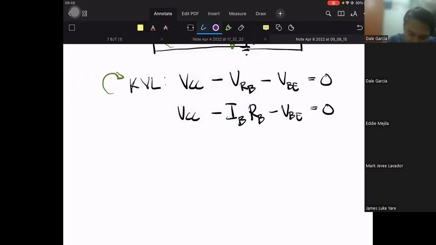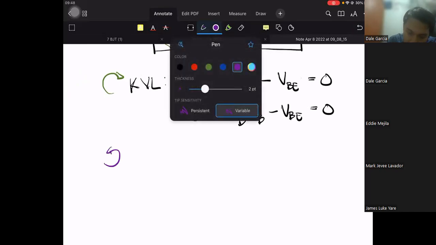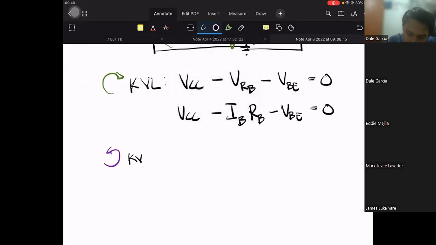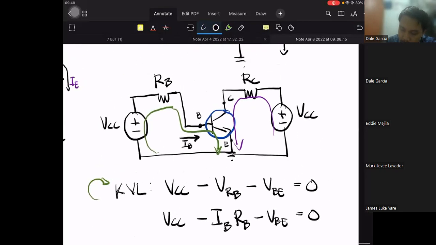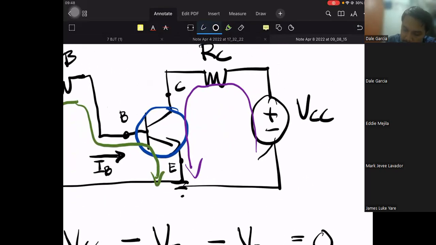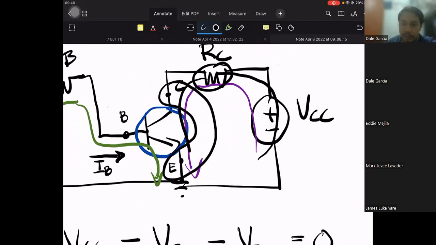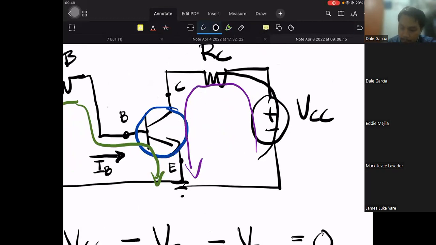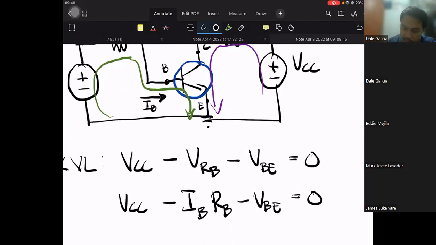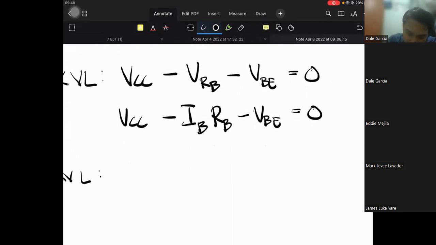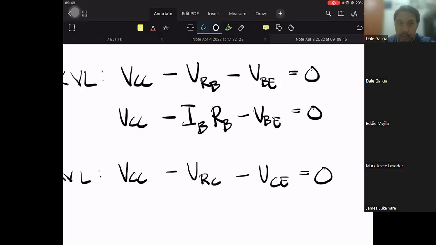Next, the KVL equation. Here. So VCC minus voltage across RC minus VCE, voltage sa CE, equal to 0 after sa emitter, ground naman. So VCC minus VRC, voltage across RC, minus VCE is equal to 0.